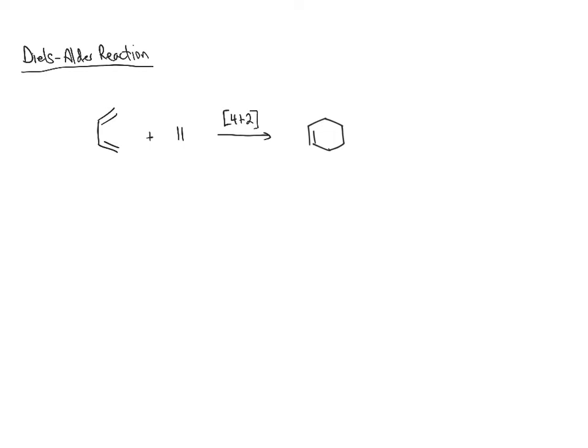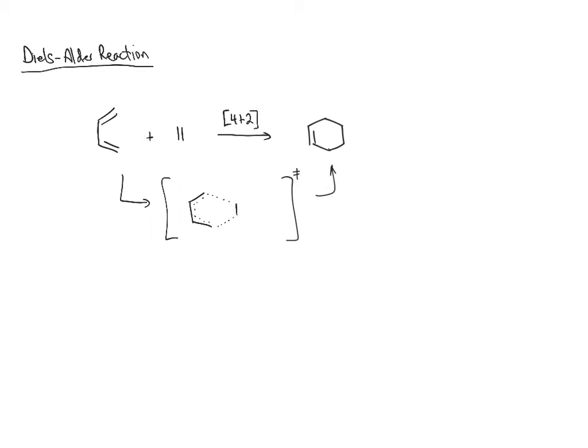But this 4+2 cycloaddition proceeds through an intermediate transition state in which you've got bond forming and bond breaking events at the same time between the diene and the double bond. And so you have essentially a six-membered ring transition state forming.